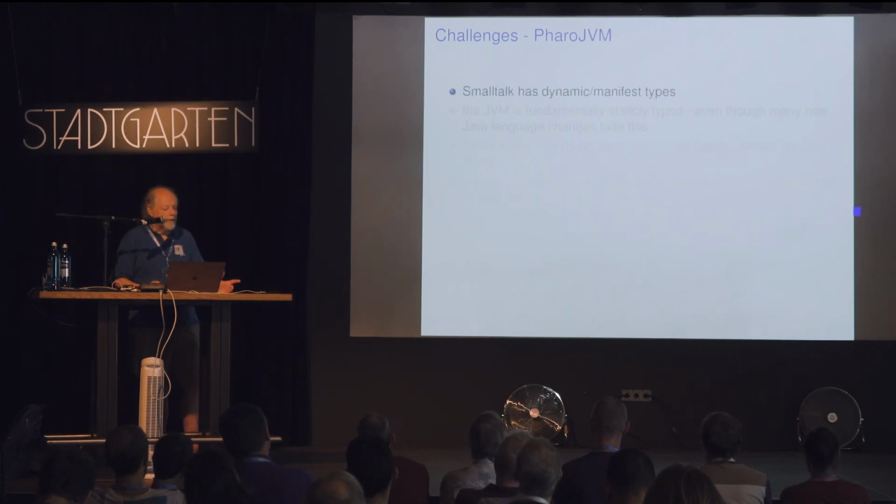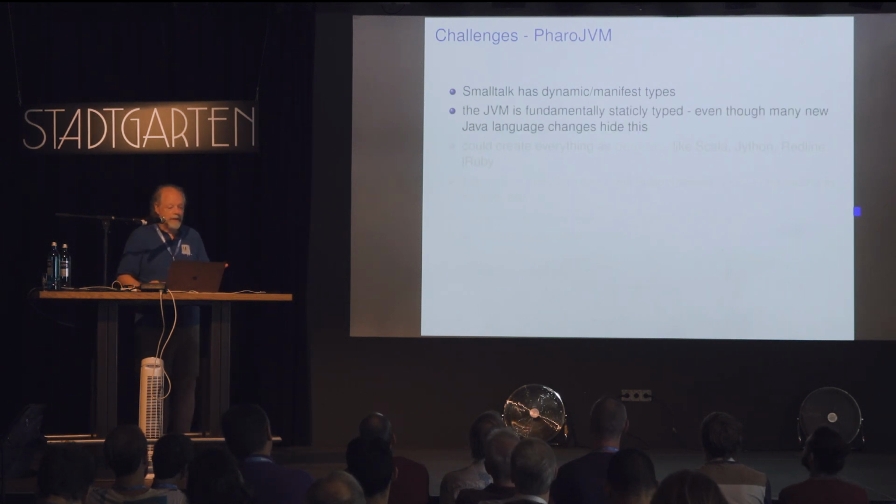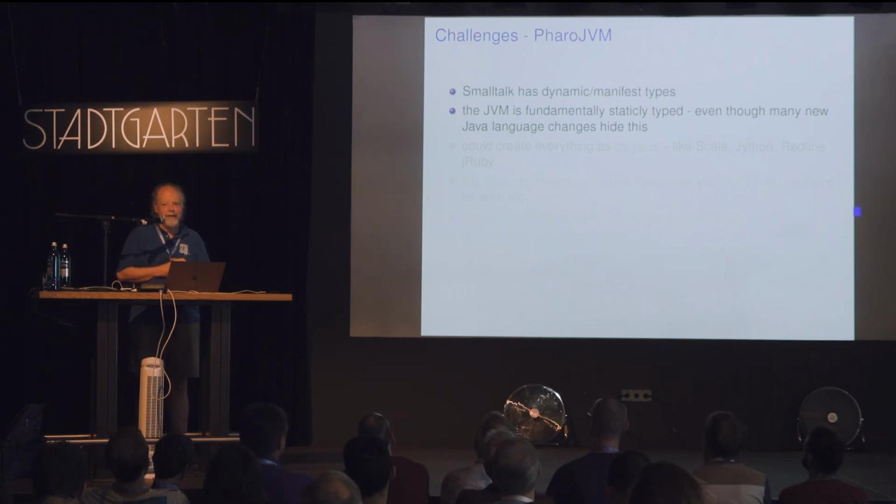PharoJVM challenges. Smalltalk is dynamic. JVM is intrinsically statically typed. And modern Java, if you read books, makes it look like it kind of supports dynamic types. It doesn't really. The VM is still static. There are dynamic type things, but everything actually has a static type, and you have to recognize the static type.